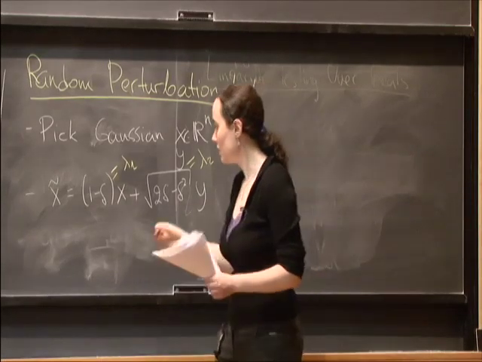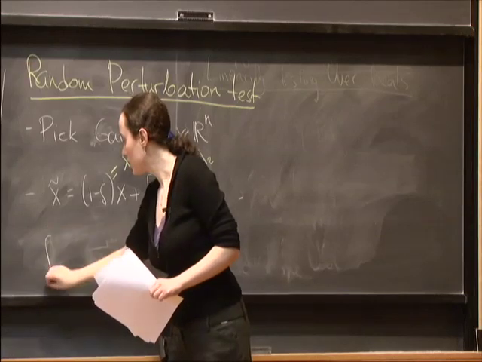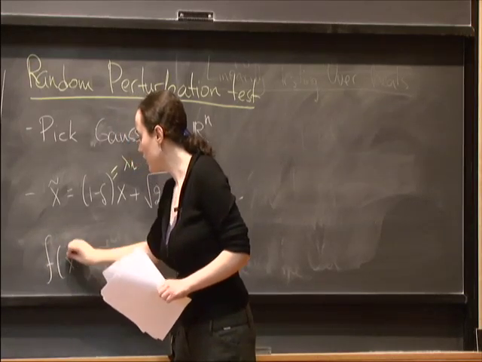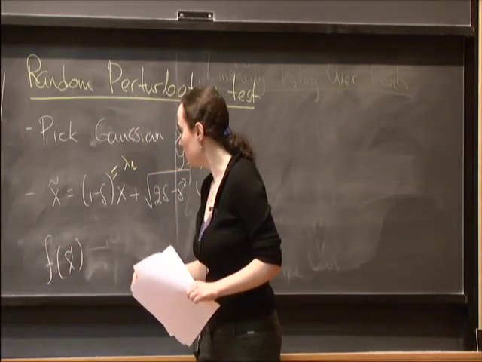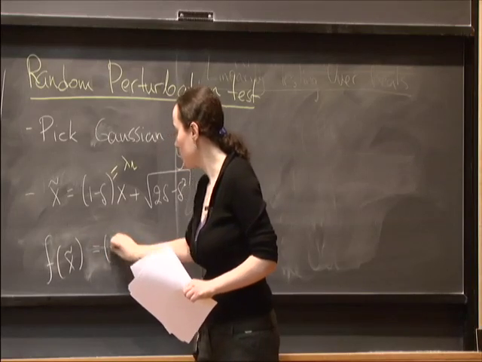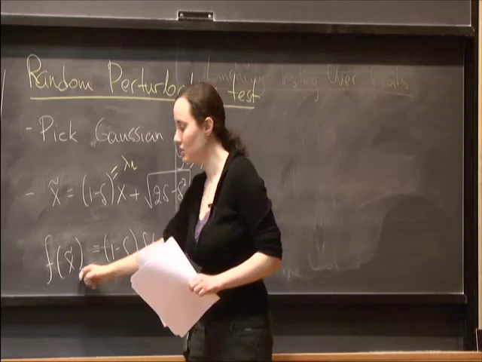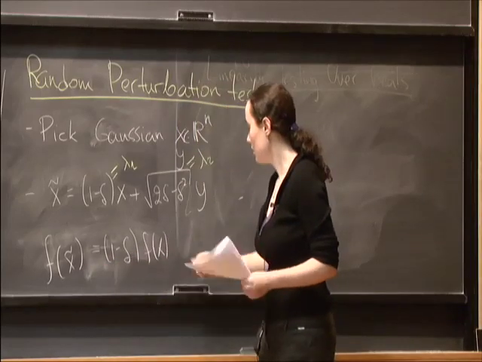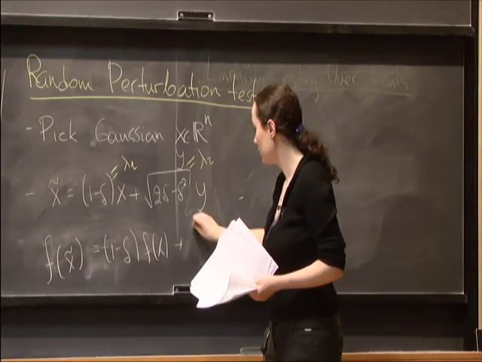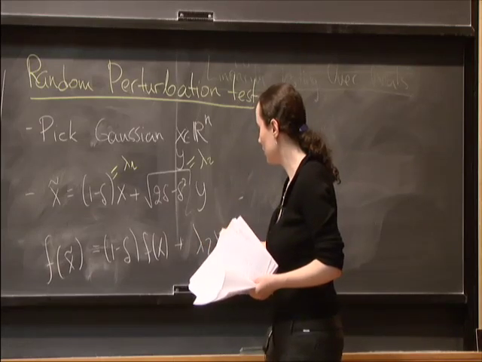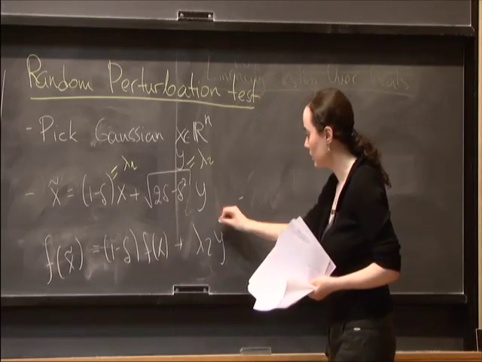And now what I can enforce is that f of x tilde equals 1 minus delta f of x, so it's essentially the same as f of x plus this lambda 2 times f of y.